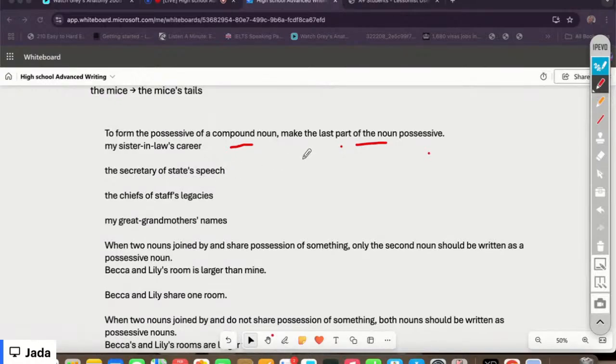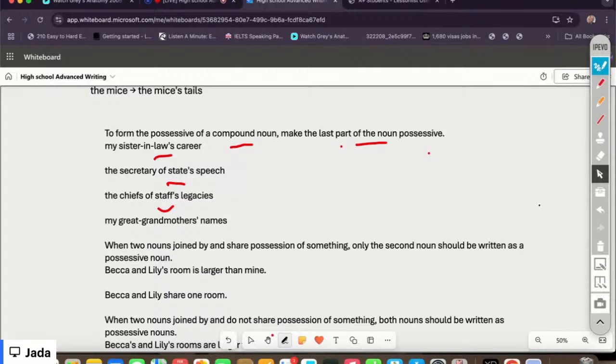So you're making the last part of the noun possessive. You can see that this is the last part, so that is where you add the possession. The chief of staff's legacy. So you see the last part is where you add the apostrophe and s. My great-grandmother's name. So you see at the last part is where you have to turn it into the possessive noun. All right.